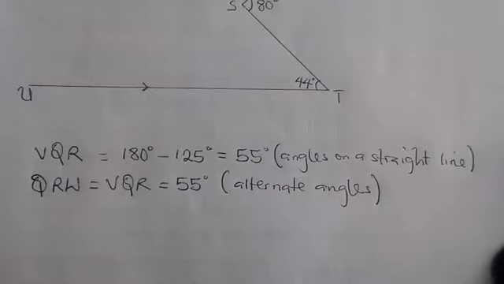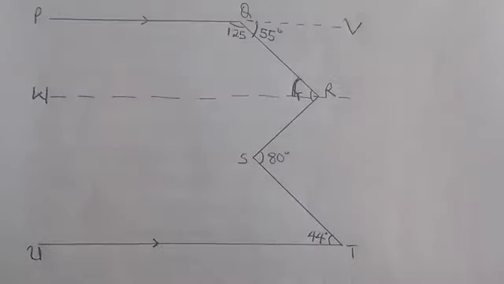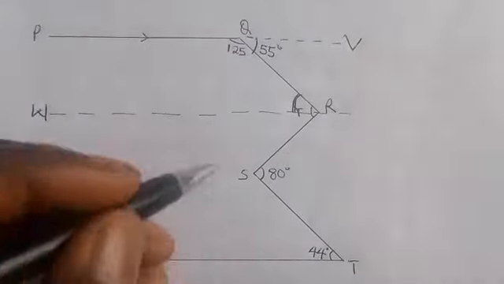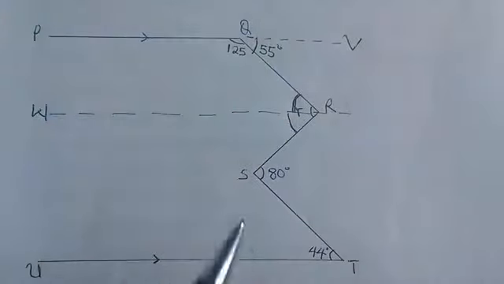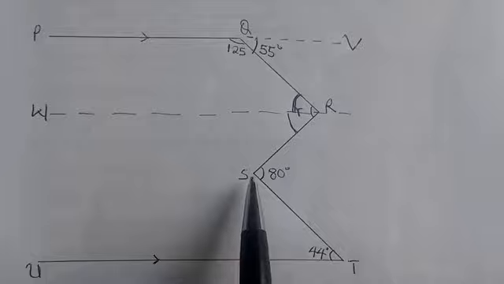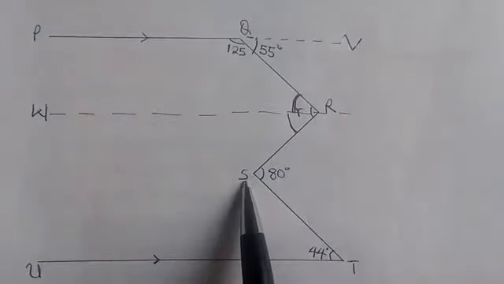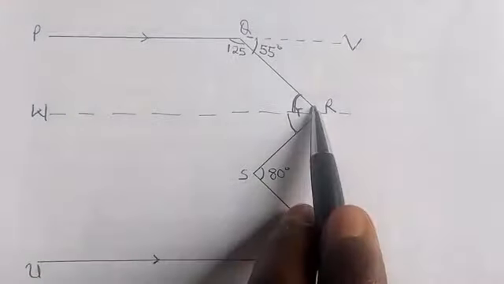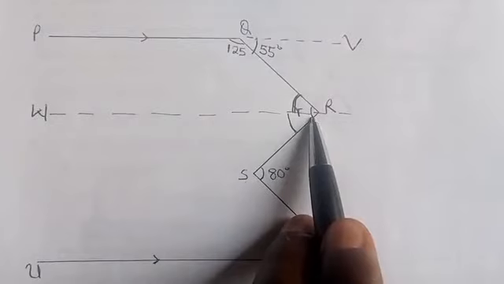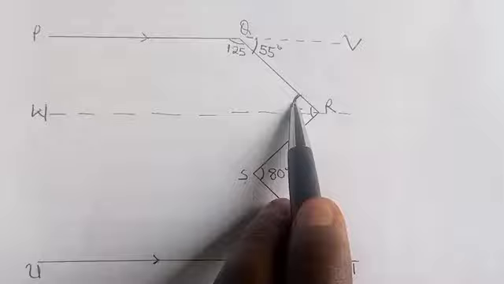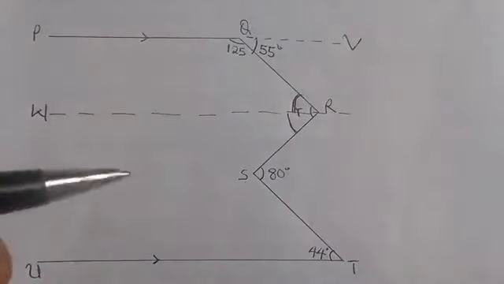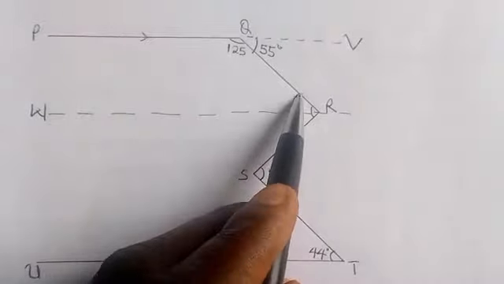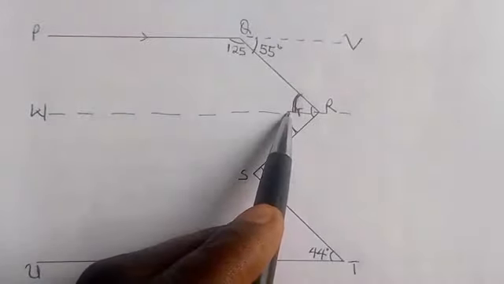The next thing we need to do here is to get the value of this angle WRS, because this angle R is a combination of this angle and this angle, and we have found this to be 55 degrees, so we need to get this.